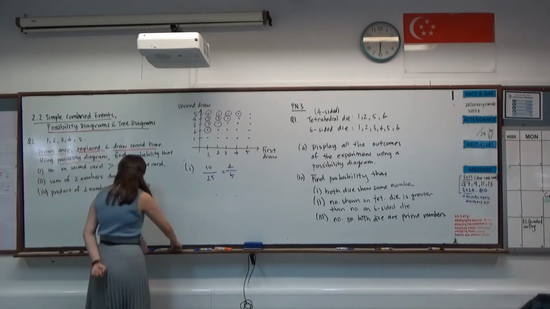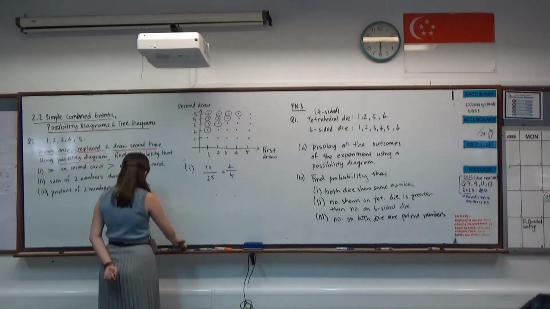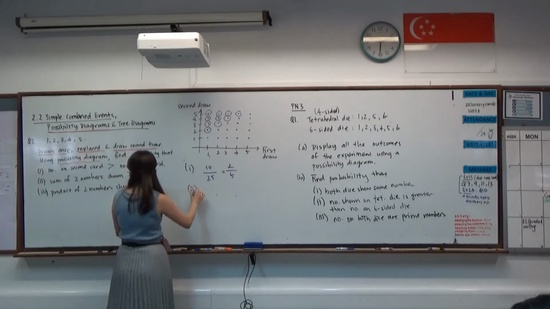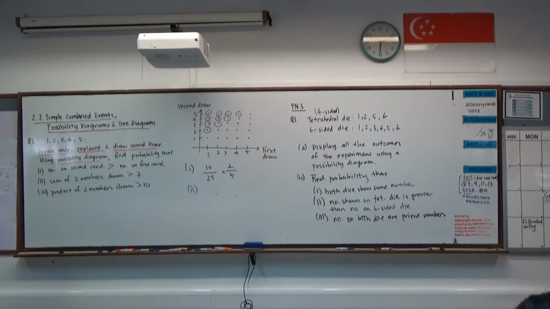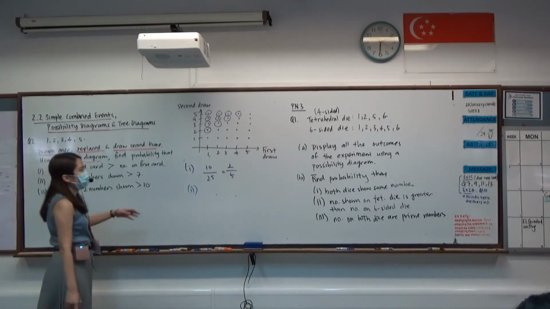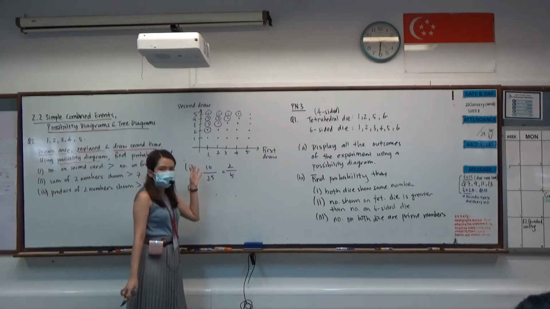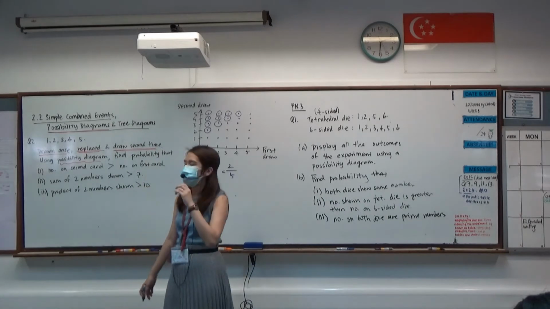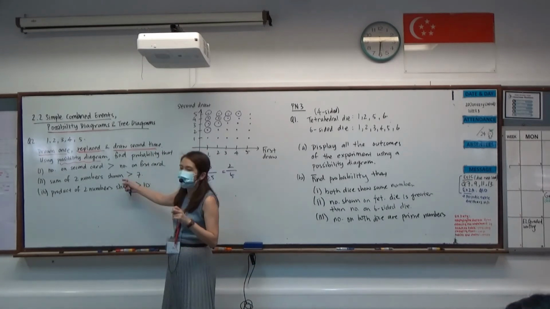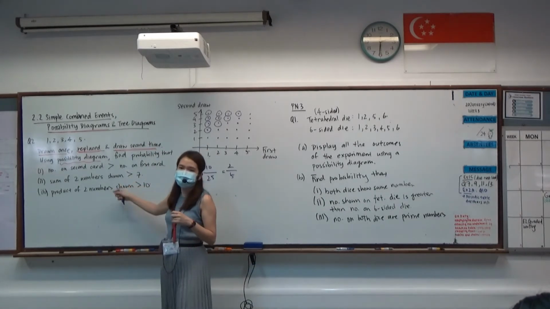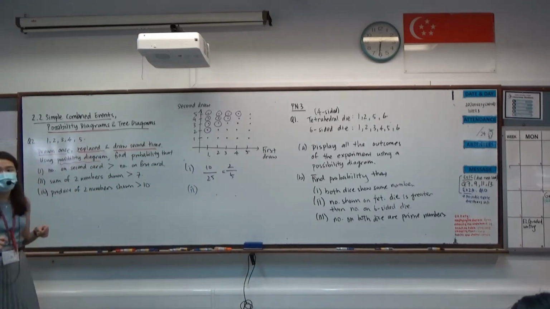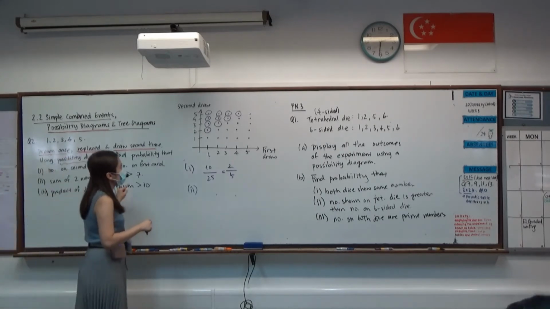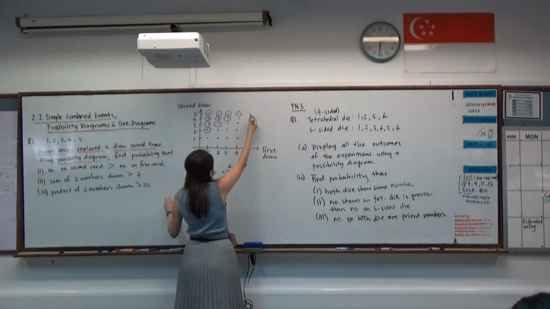Next, look at part 2. The sum of the 2 numbers shown is more than 7. Although we have a possibility diagram over here, this diagram doesn't fully tell us how the numbers add up. So we just have to run down the list and do mental calculation along the way. 5 and 5 is more than 7.